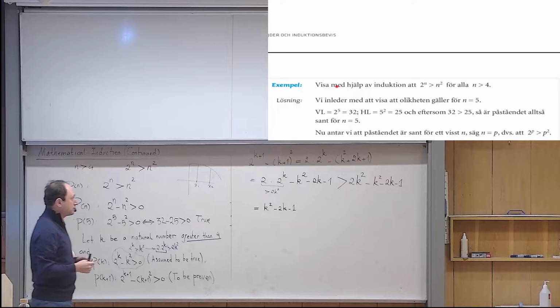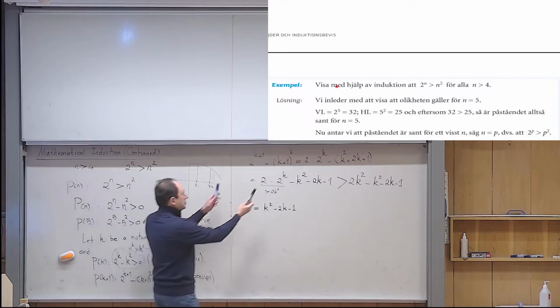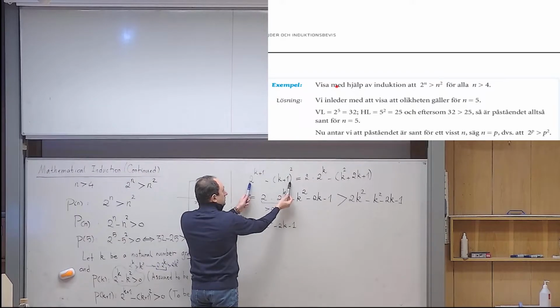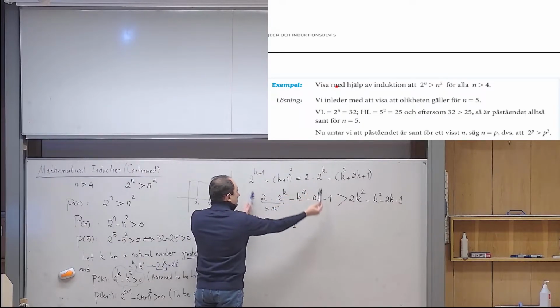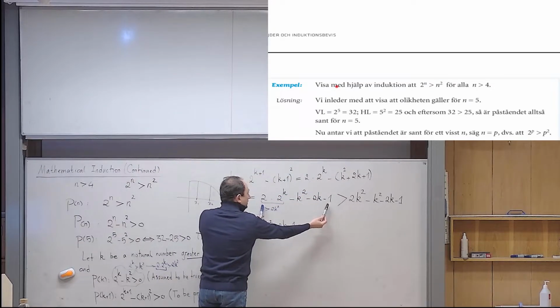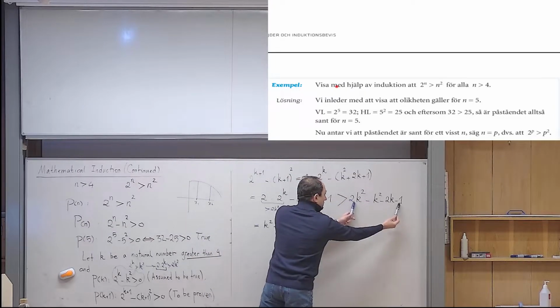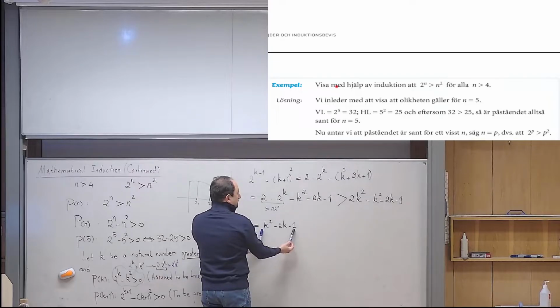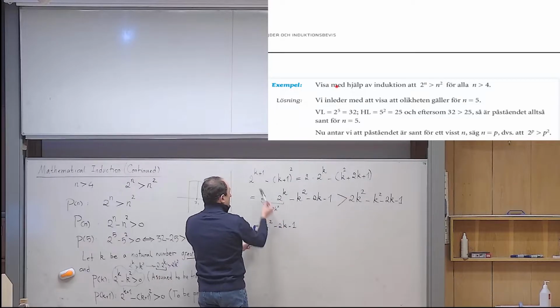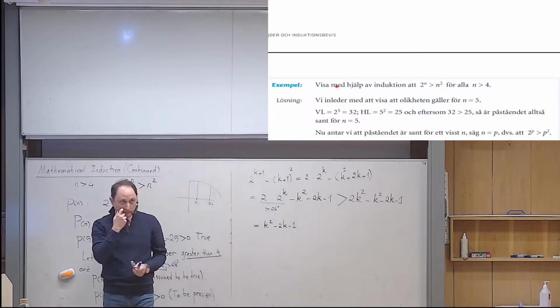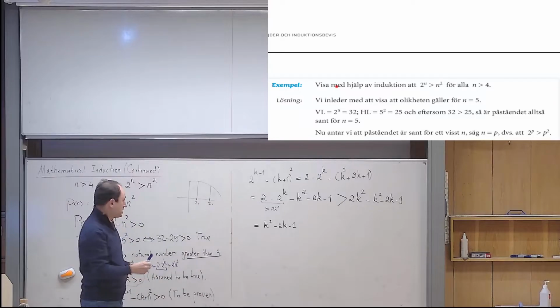So what I have shown is that this expression is equal to this expression. This expression is greater than that expression, but this expression is equal to this expression. So I hope that you agree with me that this expression is greater than this expression so far. Yes? Is that clear?